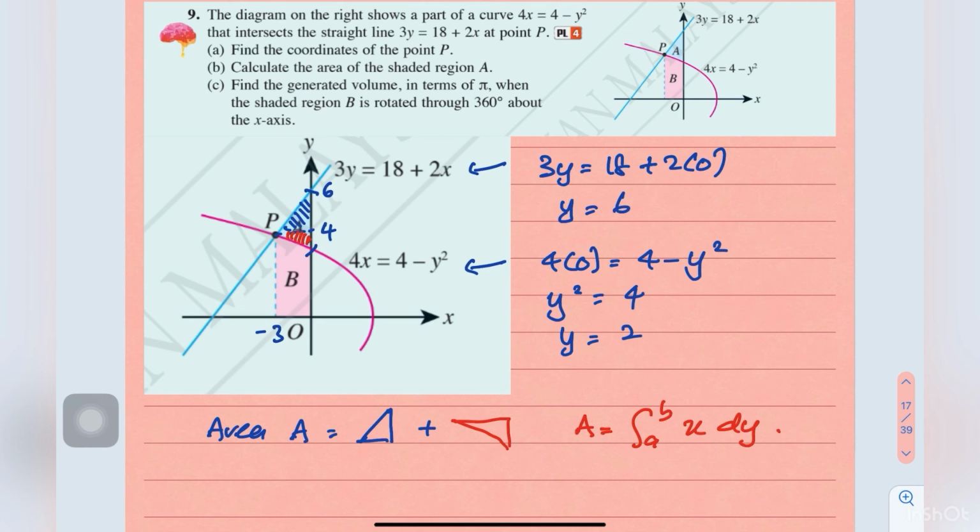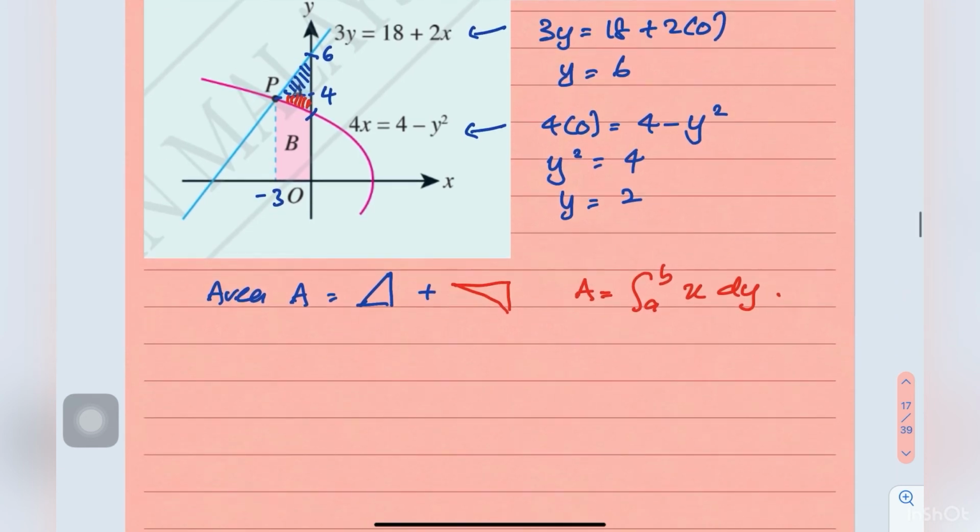Now we already have the limits, so we can find the area. For this triangle, the base is 3 and the height is 2. So area of triangle is 1 over 2 times base times height, so 1 over 2 times 3 times 2, plus the area under the graph.